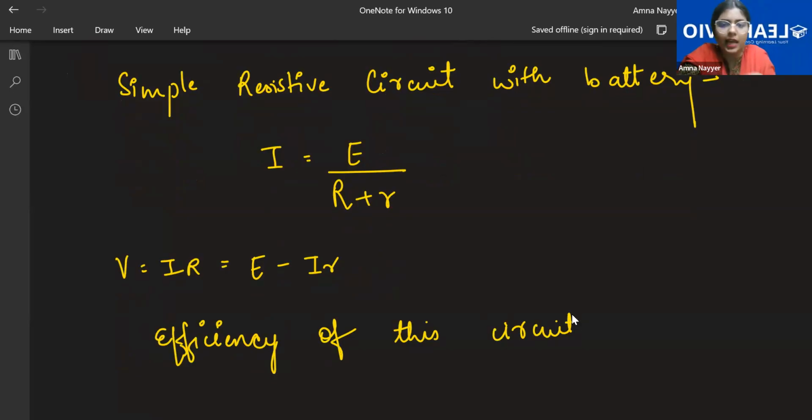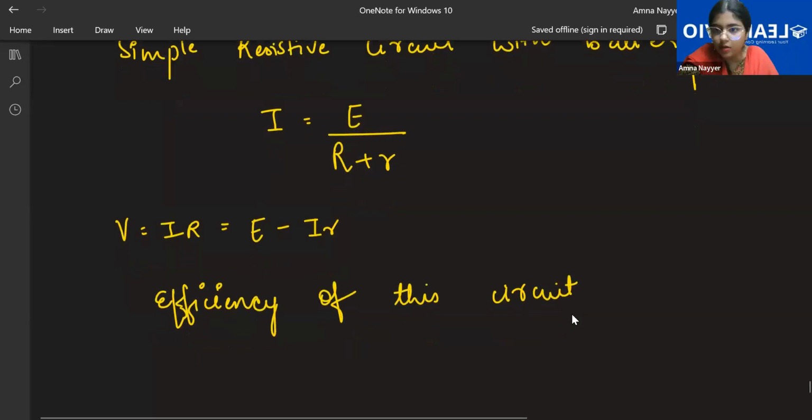Even if you connect your laptop to a charger, the charger is very hot if you touch. Or in fact, the chargers of our mobile phones are also very hot once they are touched. So efficiency of a circuit means that you are supplying whatever is the supply to the circuit. Is it giving you exactly the same amount of current or not? Means whatever the current is coming into the circuit is exactly what the current giving you the output to your bulbs and the rest of the devices.